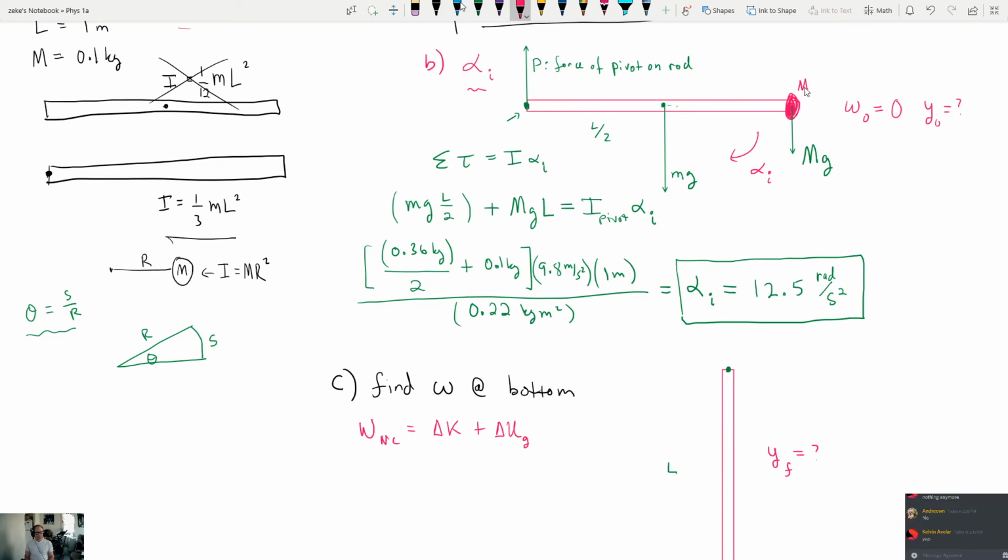We have a rod and we have a ball, and each one of them undergoes a different change in height, right? For example, the initial y coordinate of the ball right here, suppose that we call that 0. Let's say that we make this point right here y equal to 0. Okay, and we make positive up, so that's the y direction, positive y up.